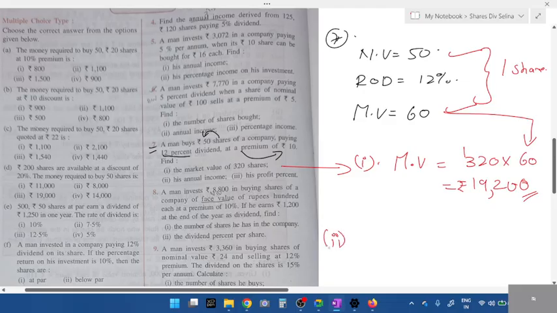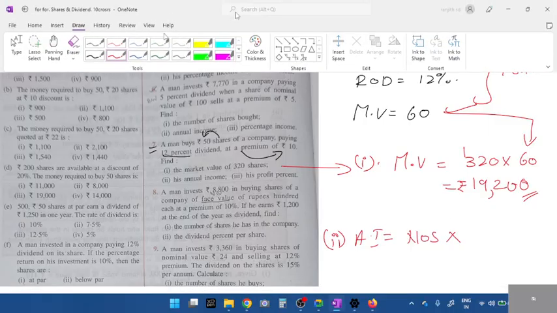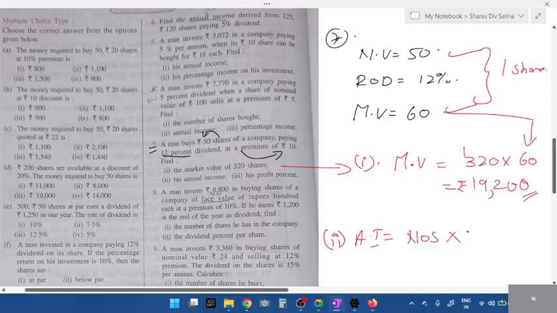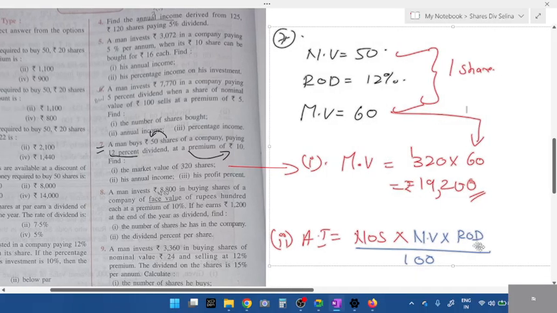Okay, annual income, AI. What is AI? Annual income or dividend formula: number of shares into nominal value, not into 100. Number of shares they indirectly mentioned here. How many shares are there? Yes, you're supposed to take that number of shares. All these are very basic questions.